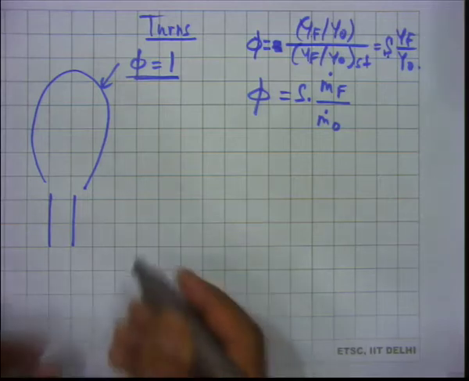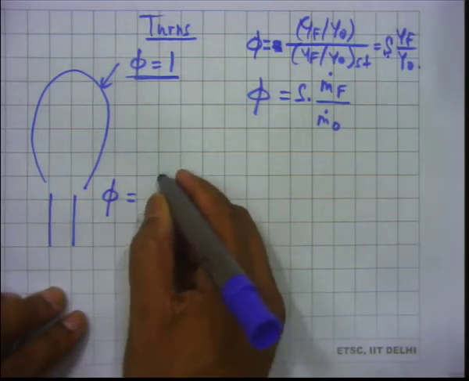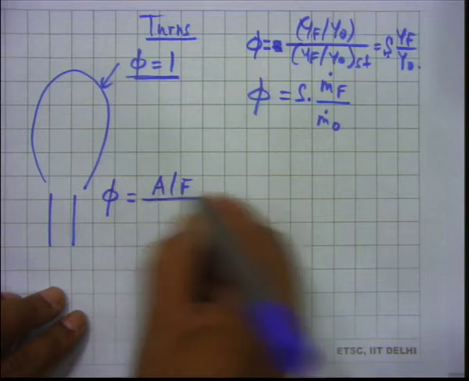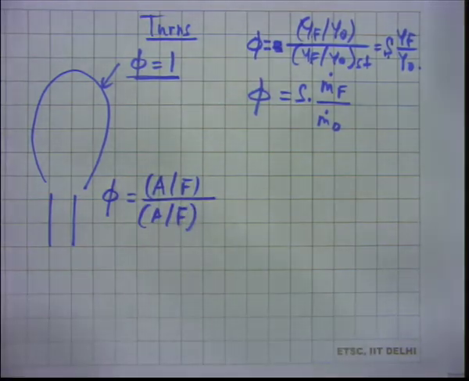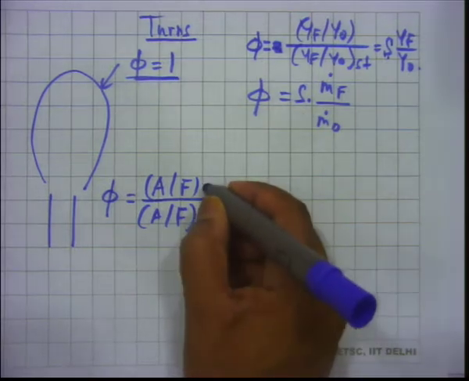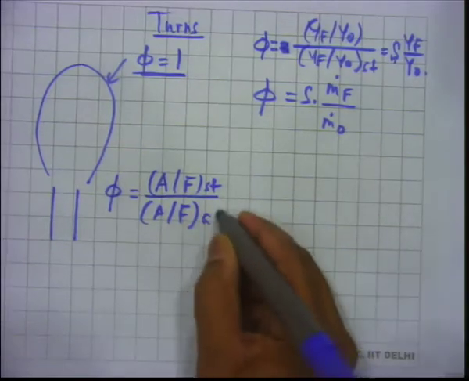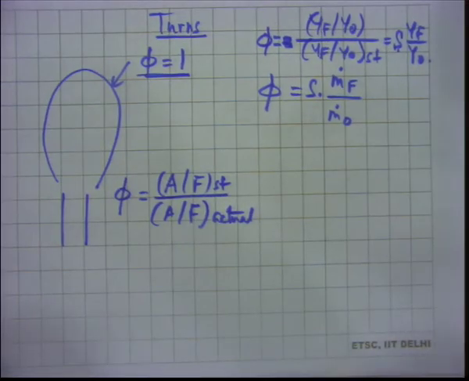At the beginning of the semester, what did we write? We wrote in terms of air fuel ratio, I think, right? Which one was stoichiometric, which one was actual? Okay, stoichiometric, and this is actual, correct? The second phi is different, isn't it?